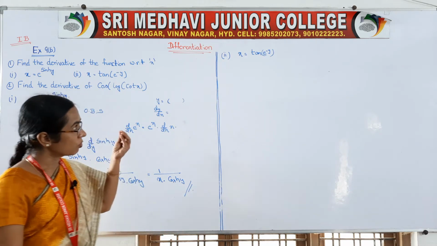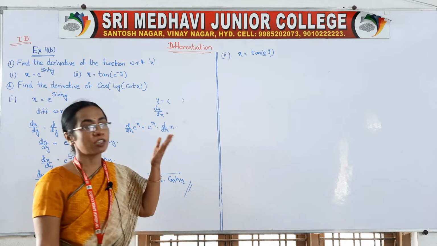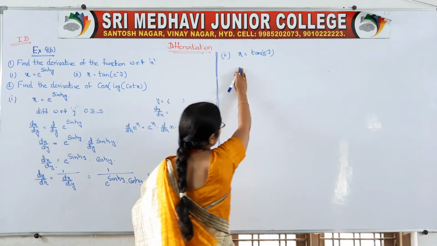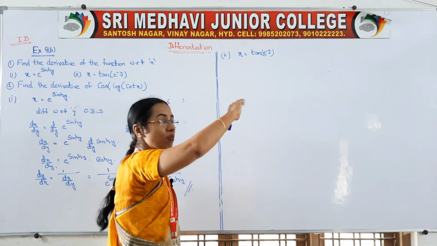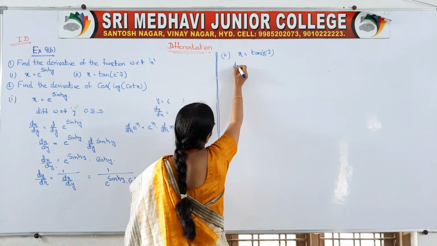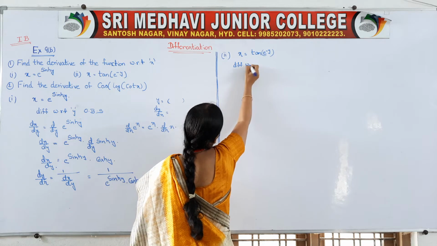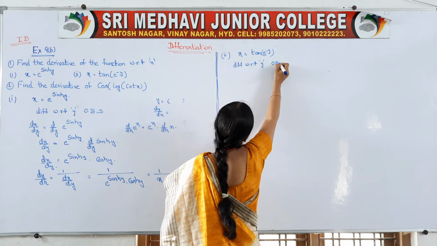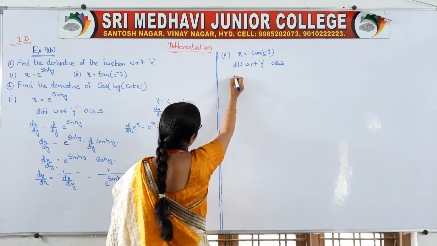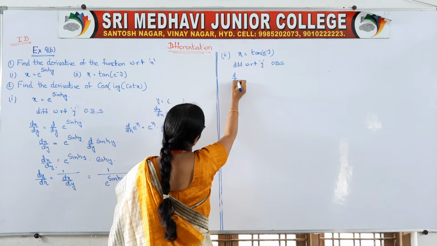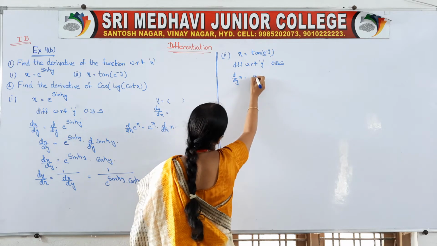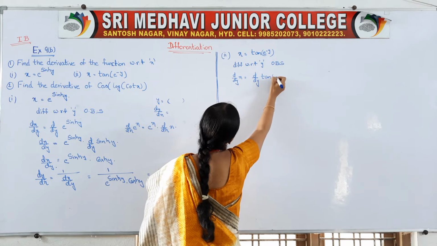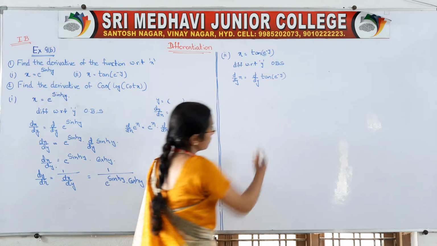Same thing. Now the problem is given, the function is given in terms of y, x is given in terms of y. So we have to differentiate with respect to y first. So come on, differentiate with respect to y on both sides, right? So what happens? d by dy of x is equal to d by dy of tan of e to the power of minus y.